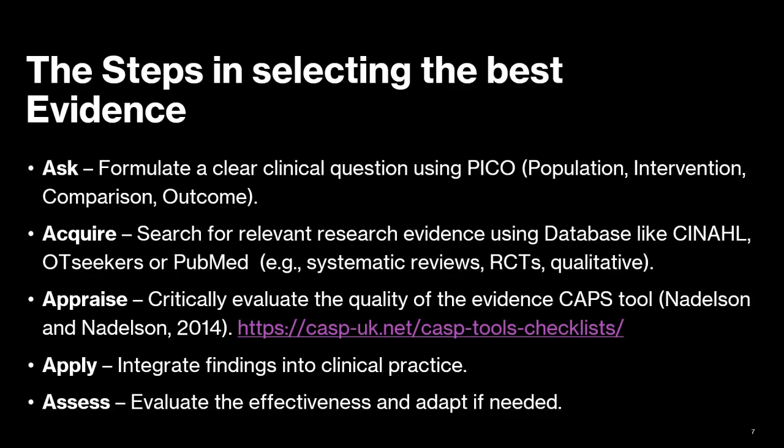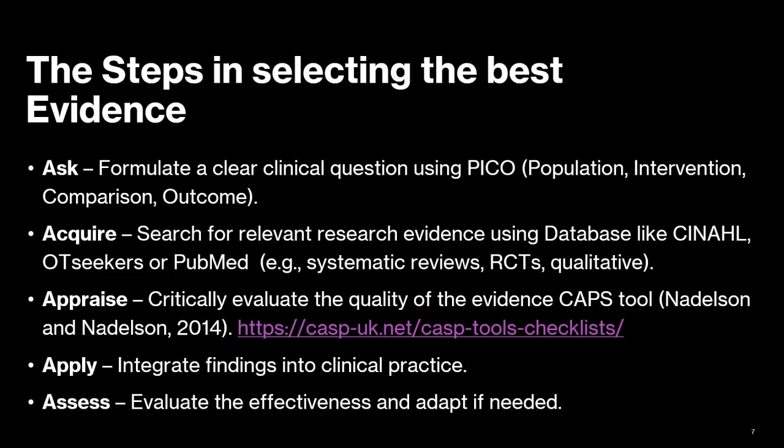Now, how do we select the best evidence? Use the 5A approach. The first A is to ask. In asking, it means that you would want to formulate a research question.